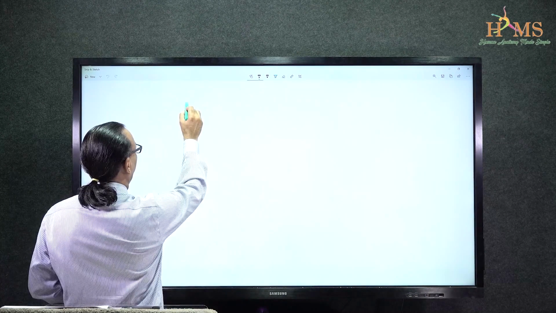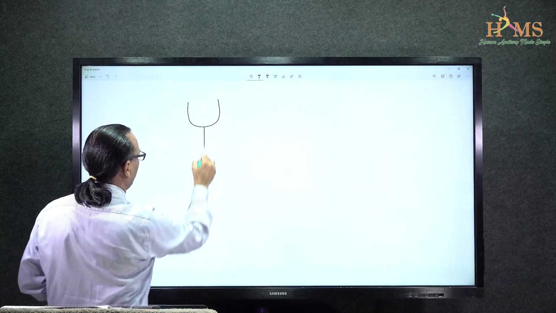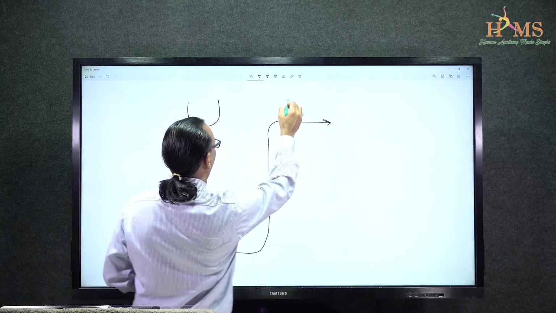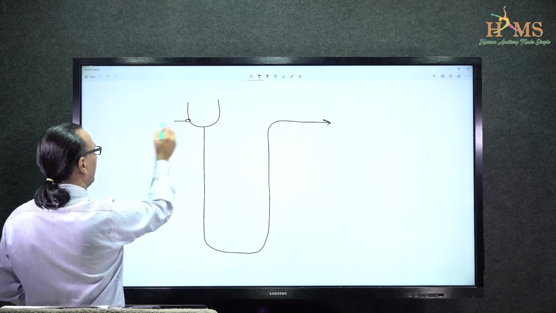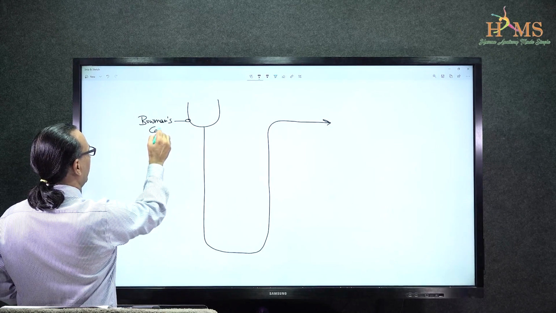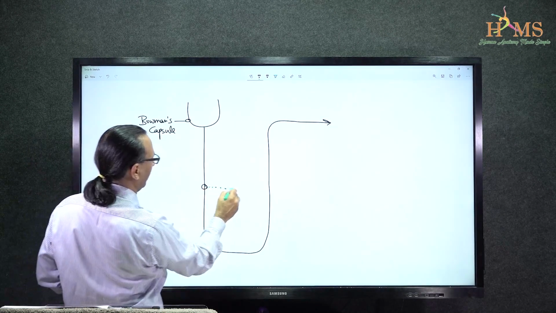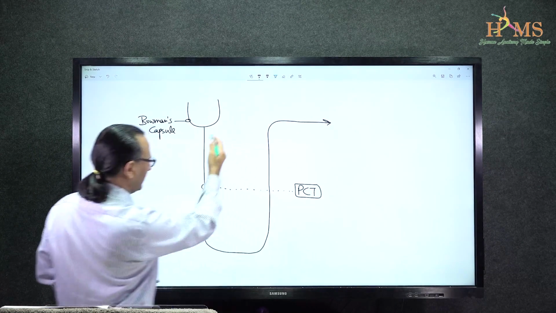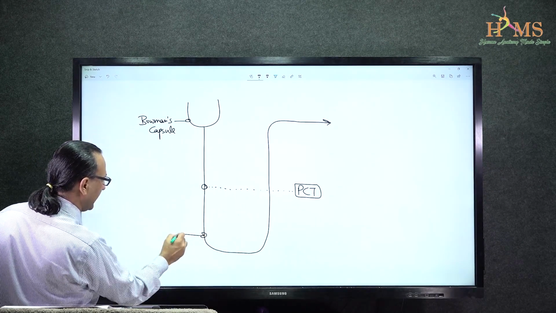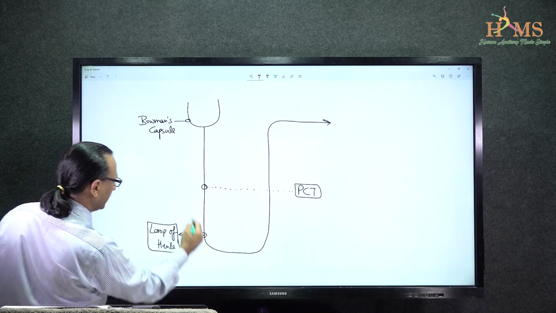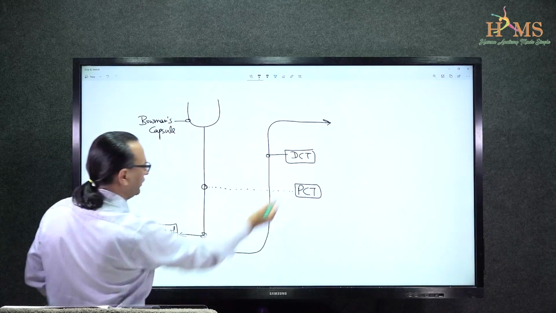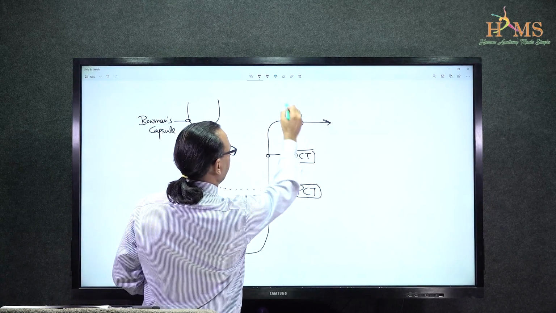We see nephron is having a Bowman's capsule, a PCT and loop of Henle, DCT and a connecting tubule. Here you can mark it as the Bowman's capsule and then you can mention the proximal convoluted tubule, whereas this is the loop of Henle. And then we have got the DCT here, distal convoluted tubule, which will then continue as the connecting tubule.